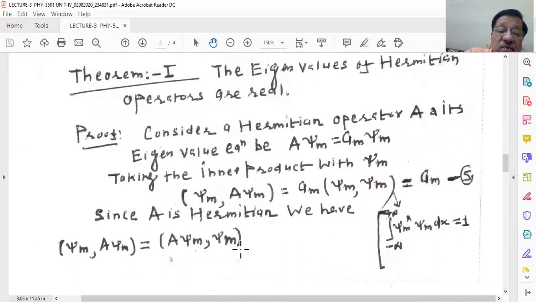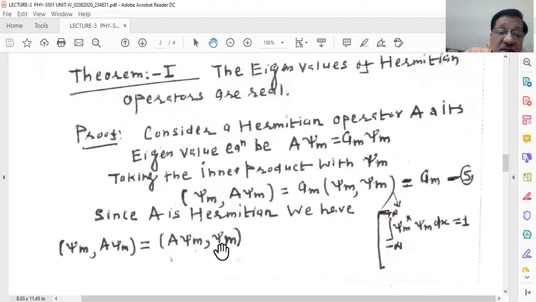This you know, because here you are associating with the second factor, and here you are associating with the first factor, if A is Hermitian. So I can write psi m A psi m is nothing but A psi m psi m.